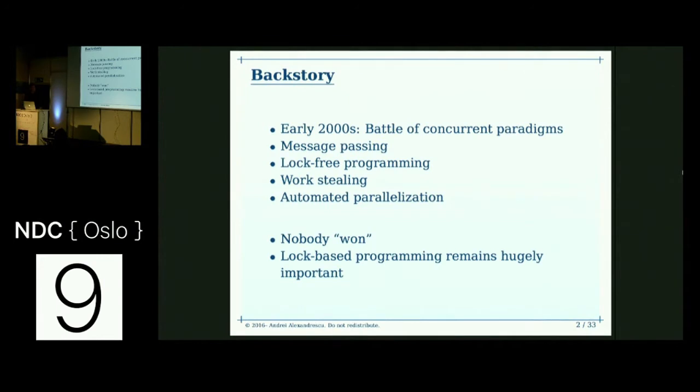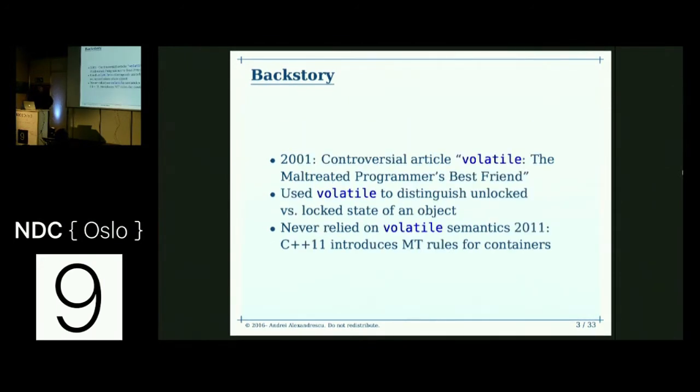All right. So now, actually, in 2001, I wrote a very controversial article, so I'm kind of weaving together a story here, right? So in 2001, I wrote probably my most controversial article in the C++ world. Volatile, this is actually a typo, but it's very interesting because it was auto-corrected. It was multi-threaded.